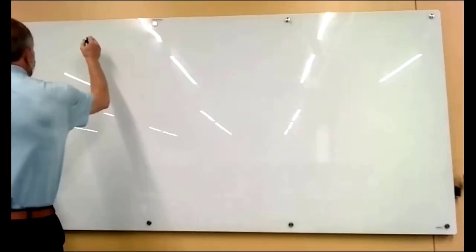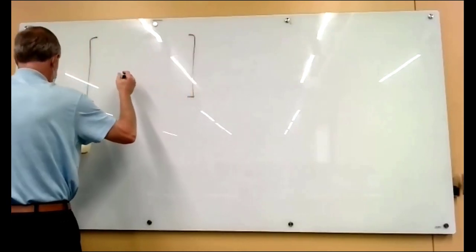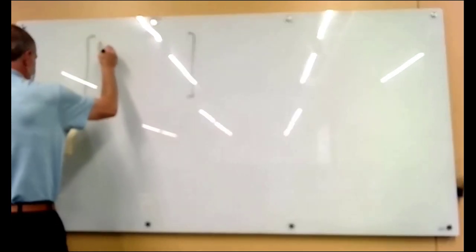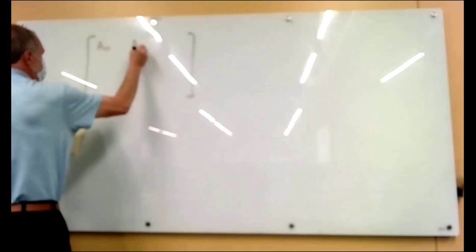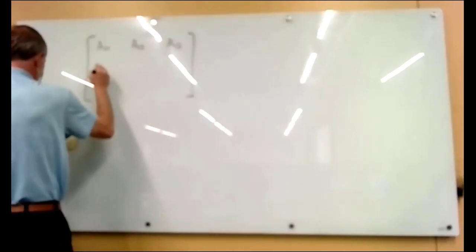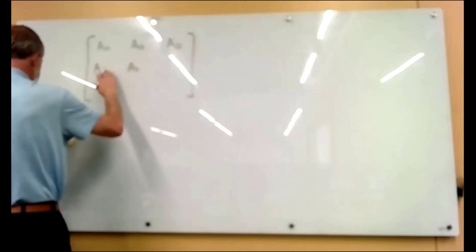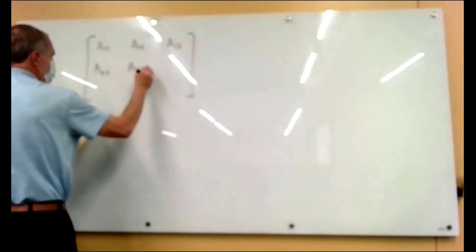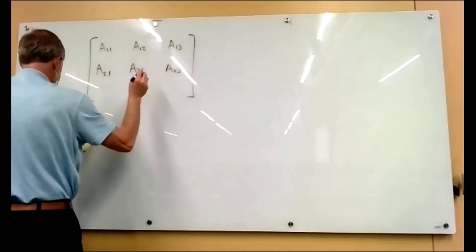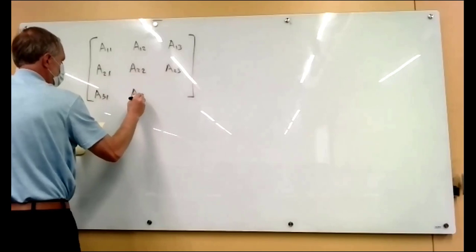Okay, so what we have is a matrix like this. And I'm just going to write terms for the A matrix here, where what's in here are the terms in that previous matrix.